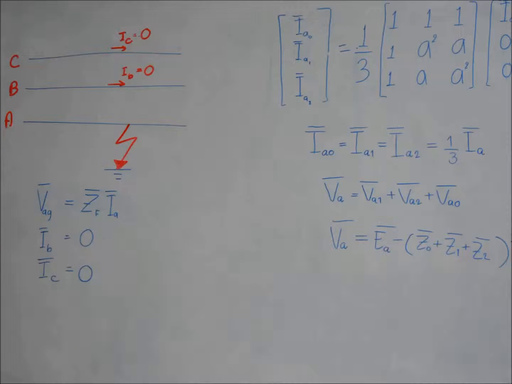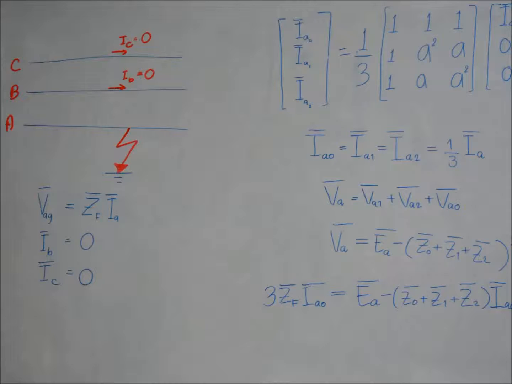Substituting in the equation the values of Va0, Va1 and Va2 from the KVL equations into the previous equation, Va can be written as this equation. If Va equals Zf Ia, equal to 3 Zf Ia0, hence the previous equation can be expressed as this equation.